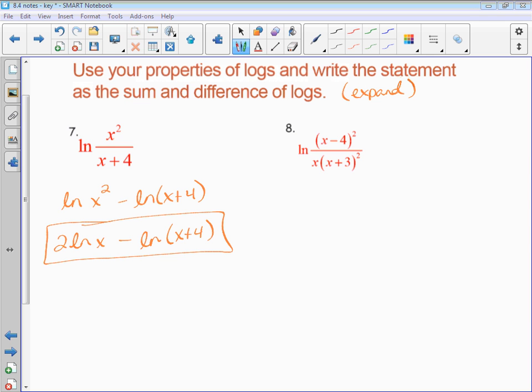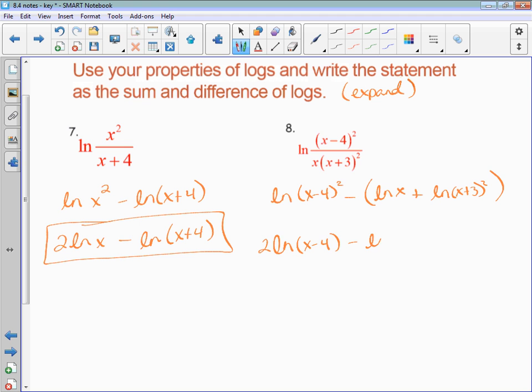Let's see how you did. So guys, your final answer, I would take 2 natural log of x minus 4, and then minus natural log of x minus 2 natural log of x plus 3.